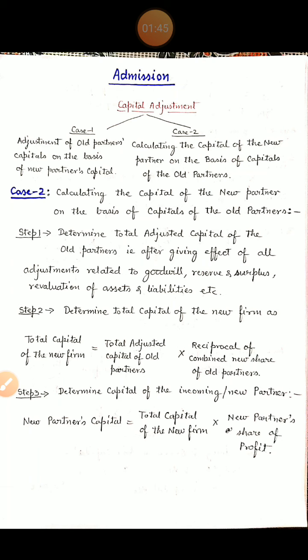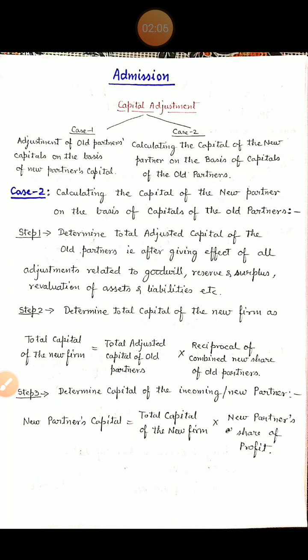So when such a question is asked, what steps will you take to find out the required or proportionate capital of the new partner, what he is supposed to bring?